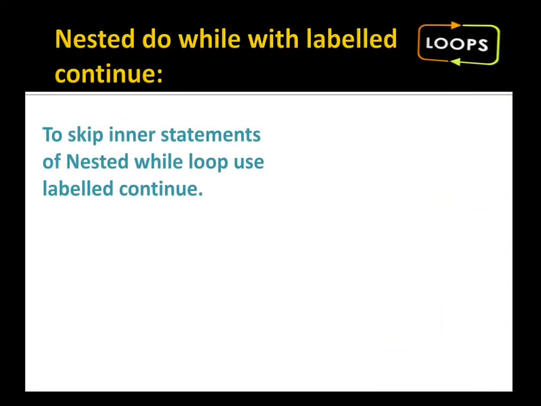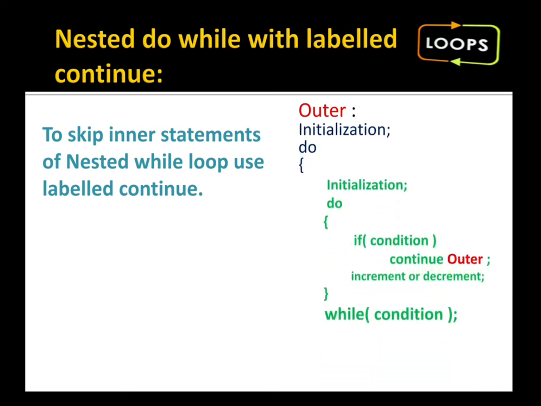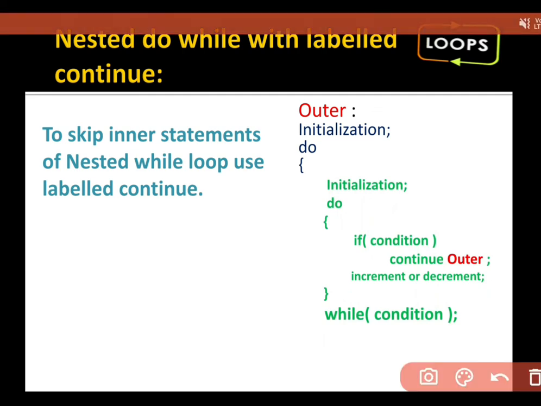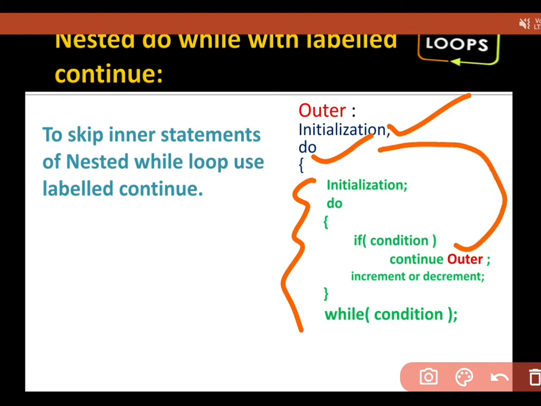The next thing is labeled continue with do while. If we want to skip a few lines, then we can use continue outer. In the outer do while, I have one inner do while, and from the inner one I want to skip a few lines and go directly towards the outer do while.